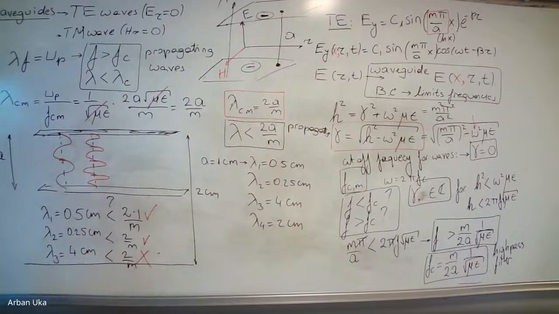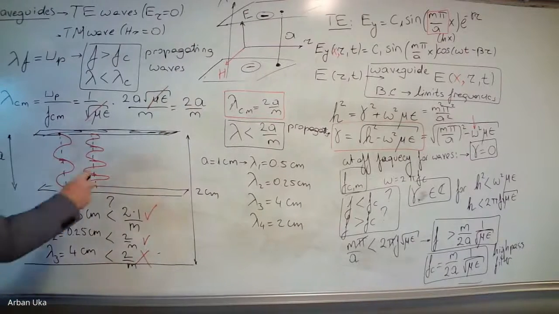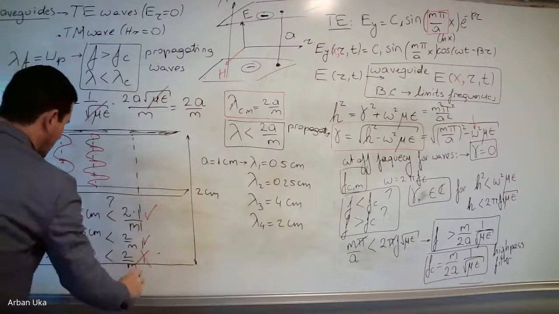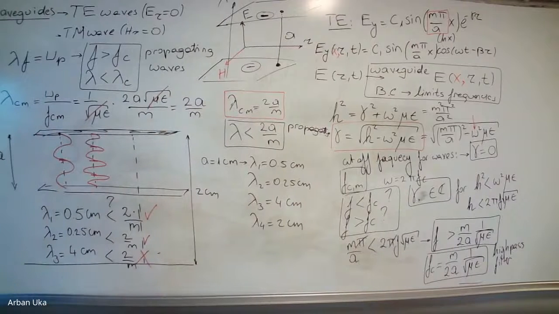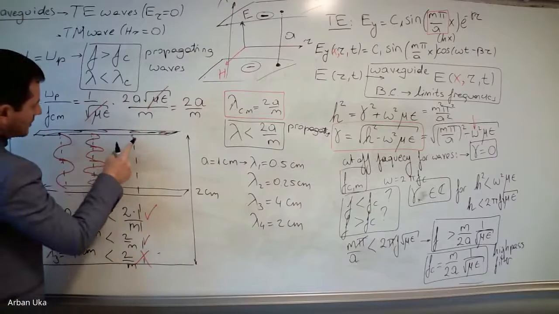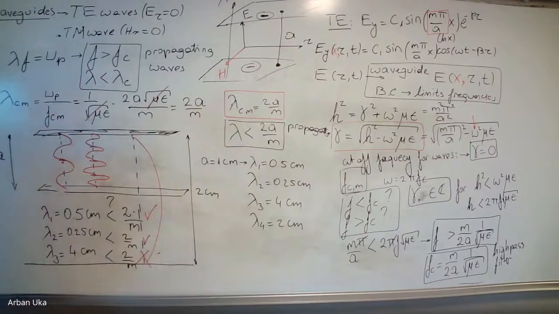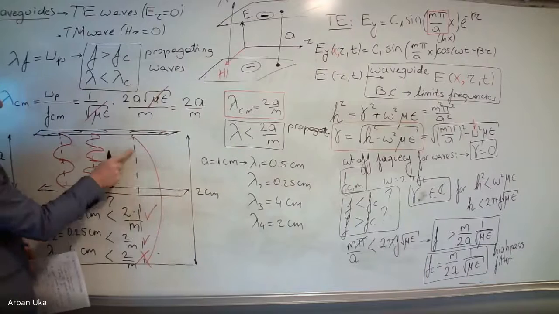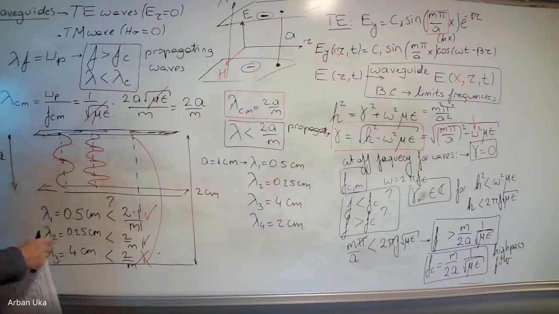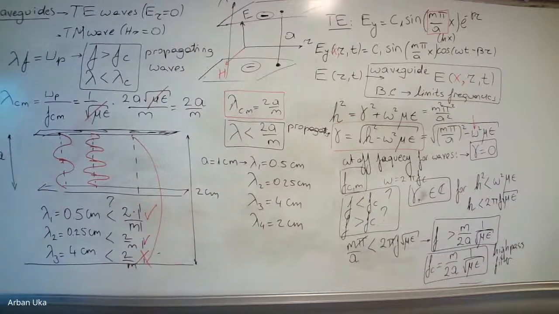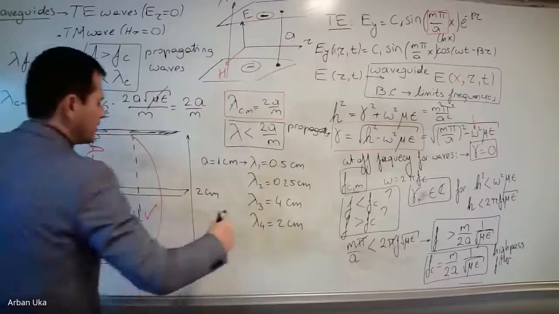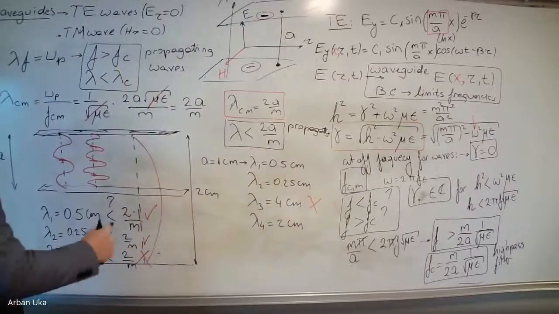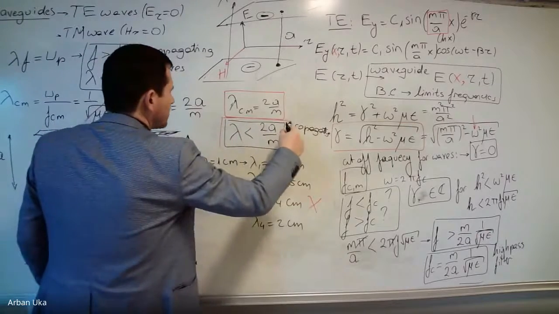If the wavelength is 4, then half of the wavelength is going to look like this. But since we have only this as a waveguide, this will start here and end here. So apparently it is impossible for this wave to be sustained here. So we say simply that this is not possible. Why? It's not possible because it doesn't satisfy this condition. Okay?